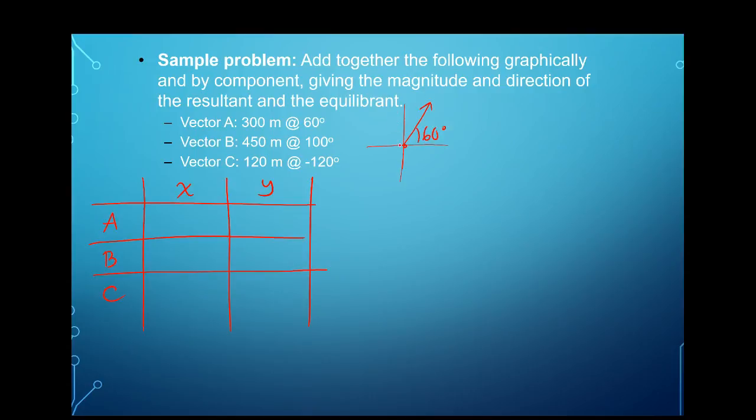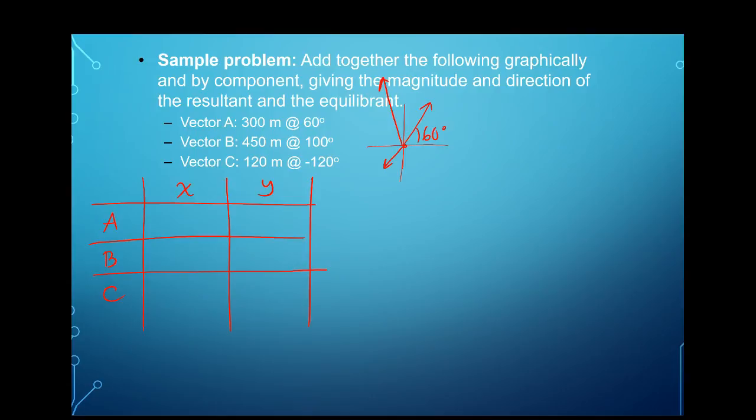Vector B at 100 degrees will be kind of like this, because that's going to be 90 plus 10. And vector C at negative 120 will be something like this.